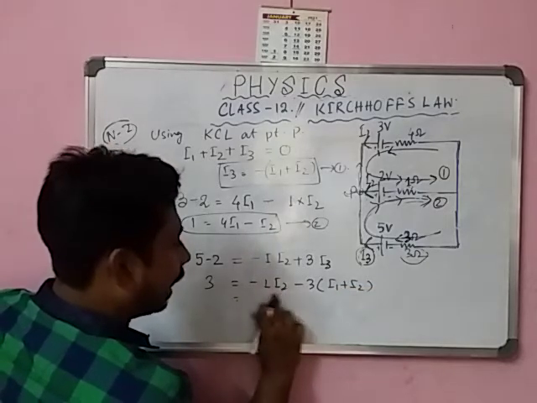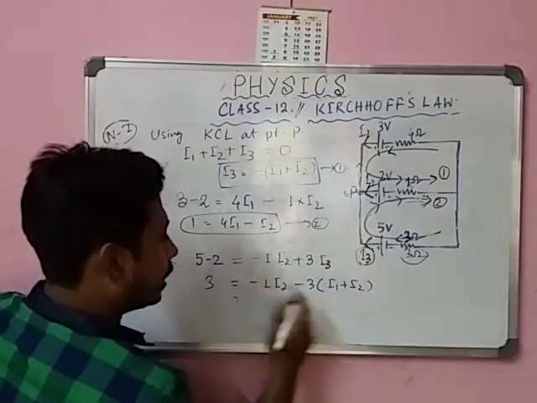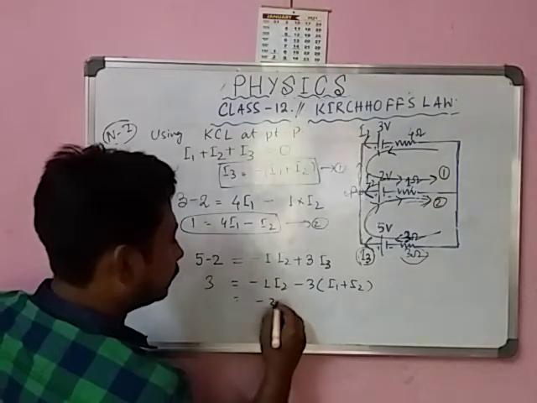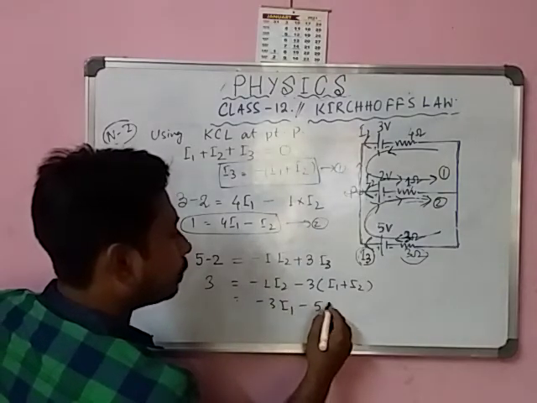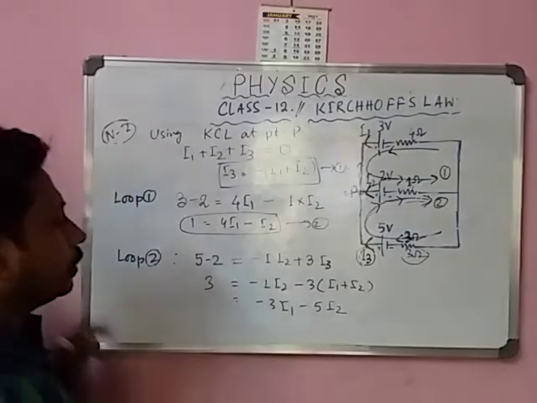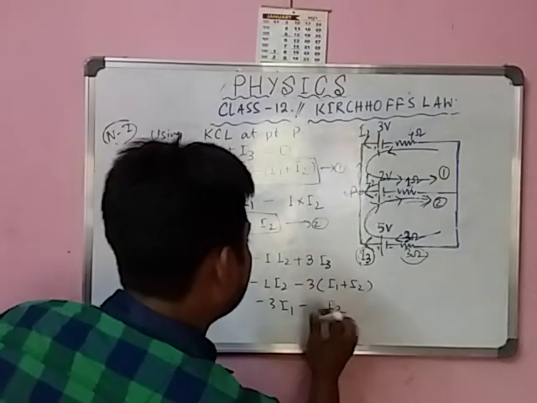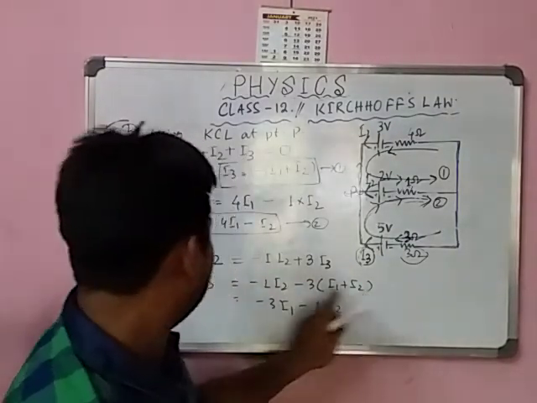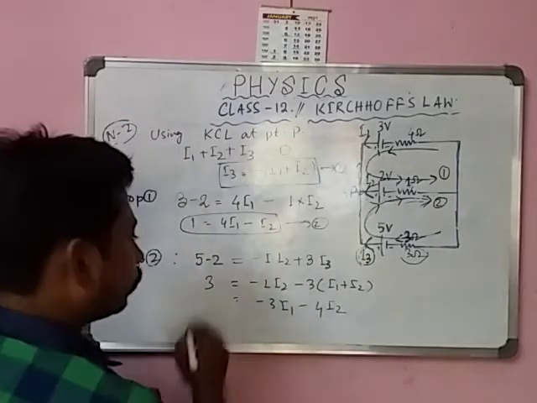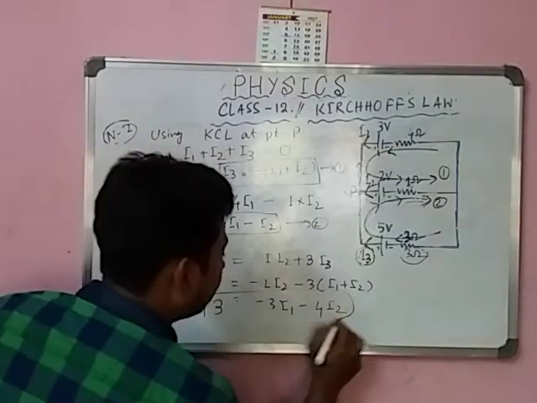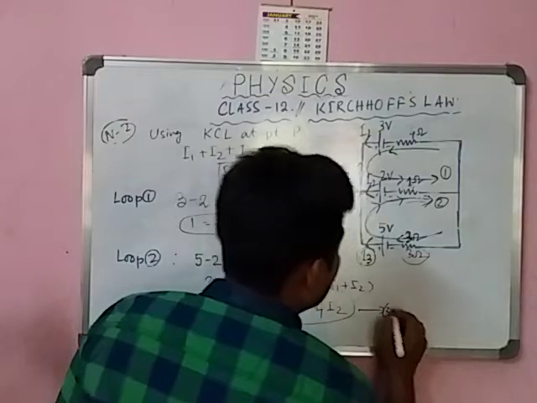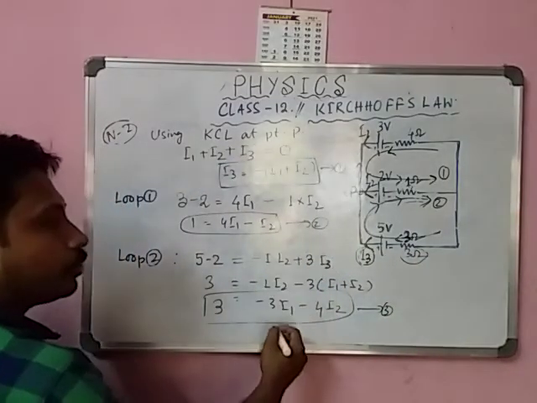So minus I2 and minus 3 I2, and minus 3 I1. Sorry, minus 4 I2: 3 I2 plus 1 I2 means 4 I2. So this is equation number 3. Now you can solve equations number 2 and 3.